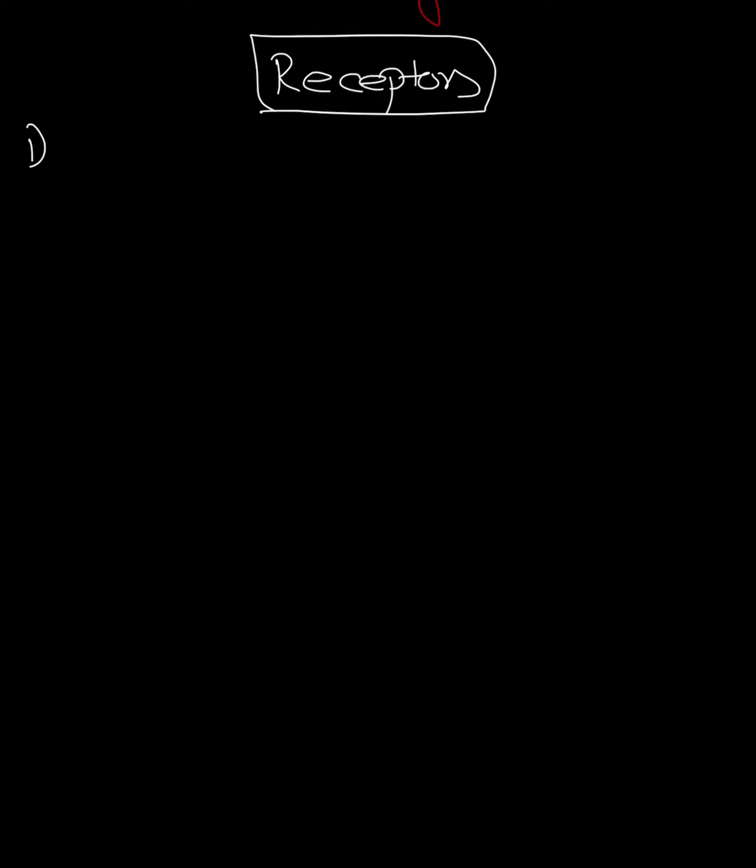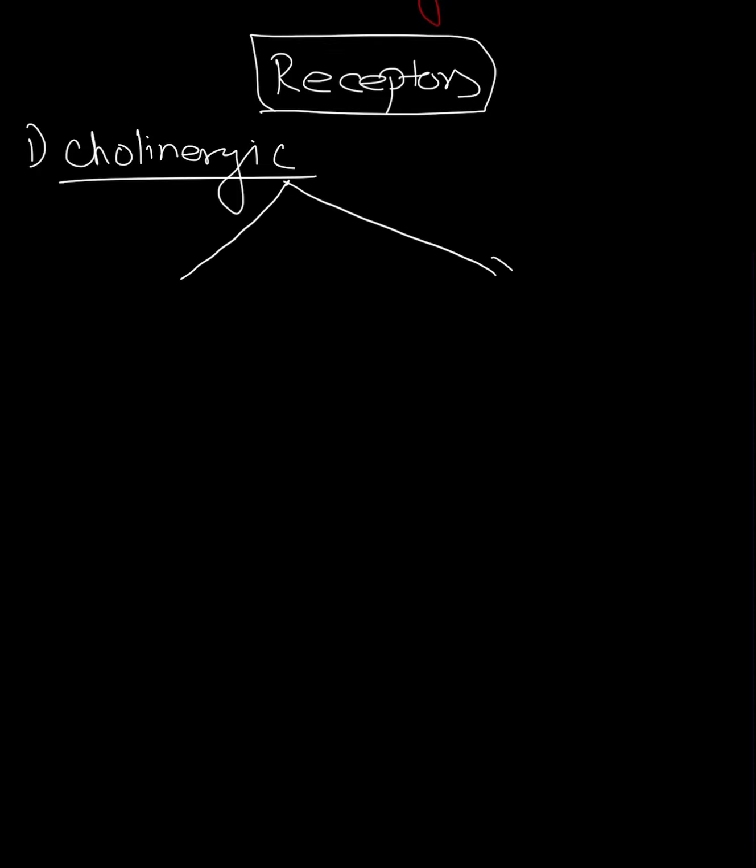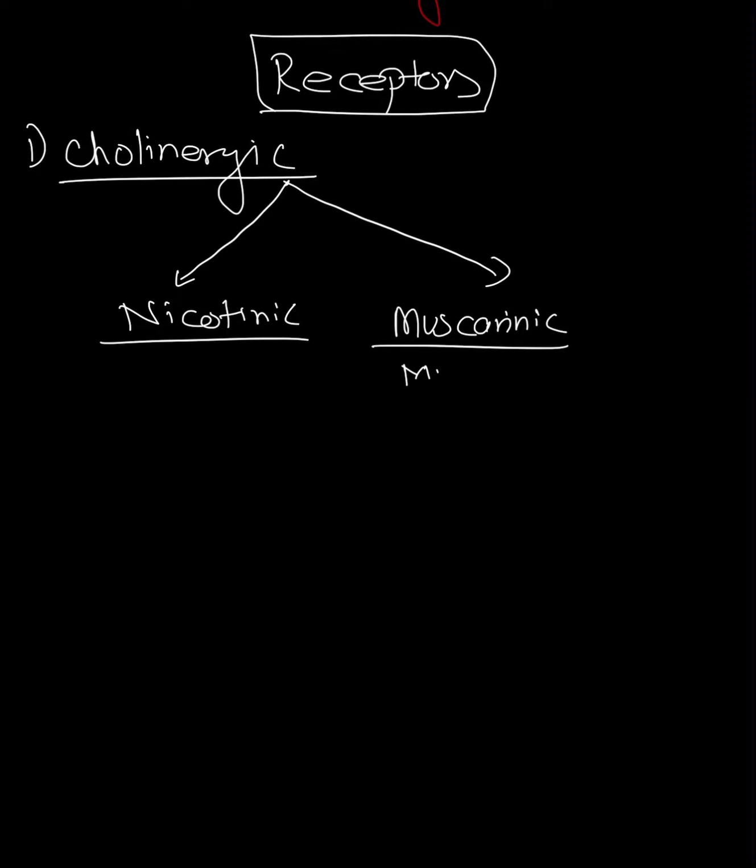The first is for acetylcholine, the cholinergic receptor. There are two: nicotinic and muscarinic. Muscarinic are of 5 types: M1, M2, M3, M4, M5, and nicotinic are of 2 types: NN and NM.